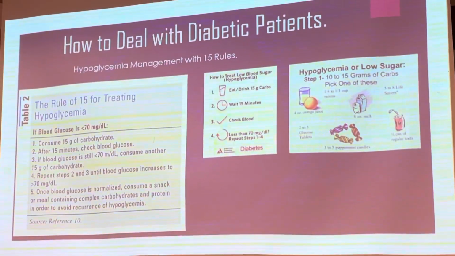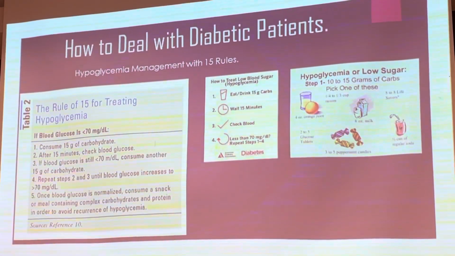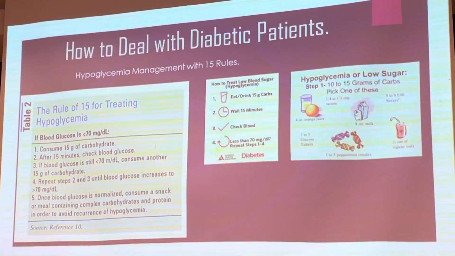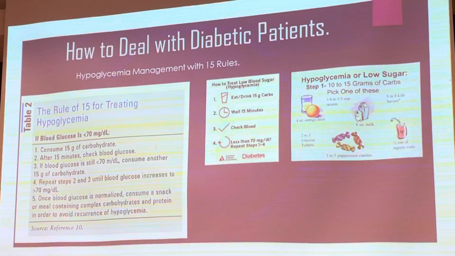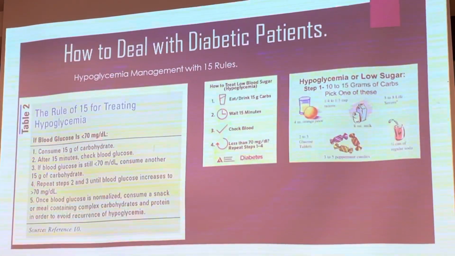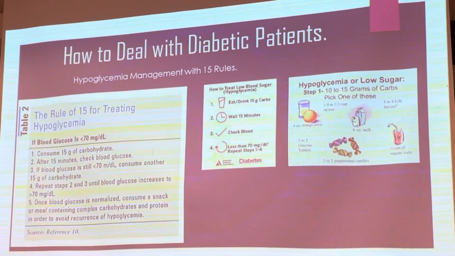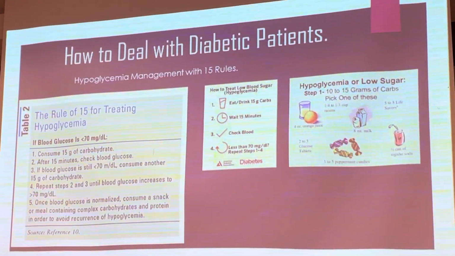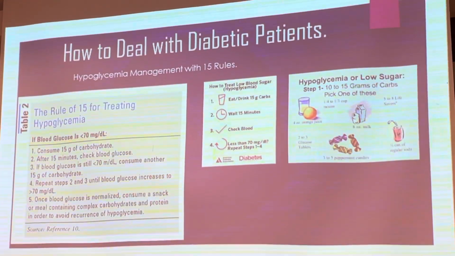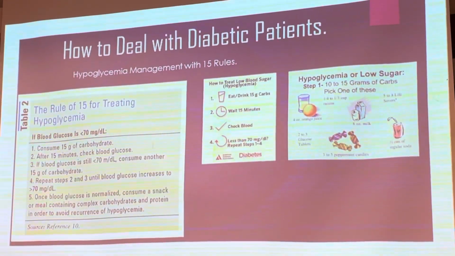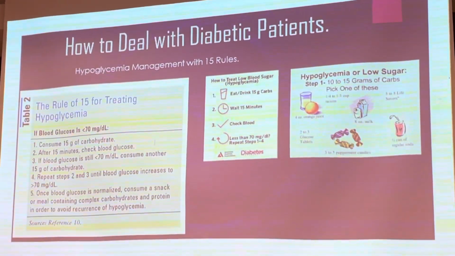After you give this, you wait 15 minutes, then you check the blood sugar. If the blood sugar is above 70, good, you give 15 grams of complex carbohydrate. If below 70, you give again 15 grams of simple carbohydrate, then wait another 15 minutes to check. I hope this is clear.